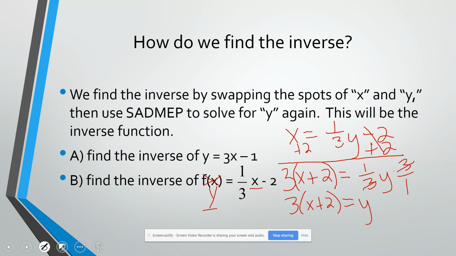Not finished yet, because remember, it's our inverse, but this started as f of x. So to make sure we have the proper notation, we write f inverse, f to the negative first, f inverse x is equal to 3 quantity x plus 2.